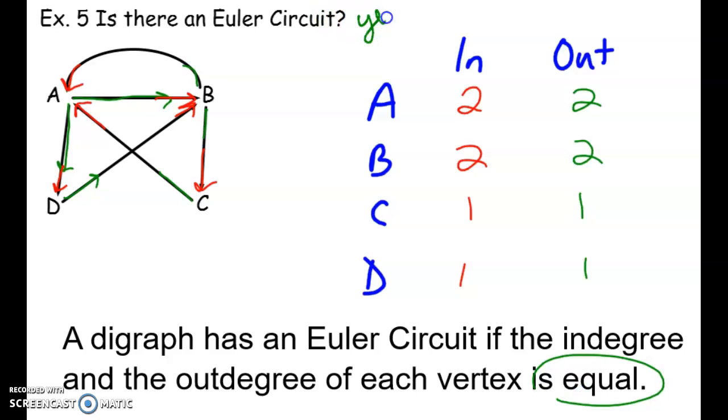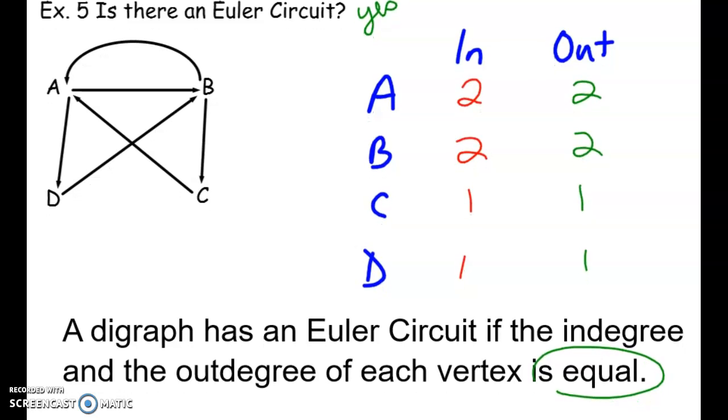So say yes. Okay, now if you want to draw it and see how it would go, start at one of the vertices and then just kind of trace the path.